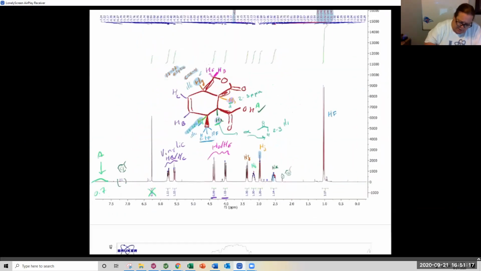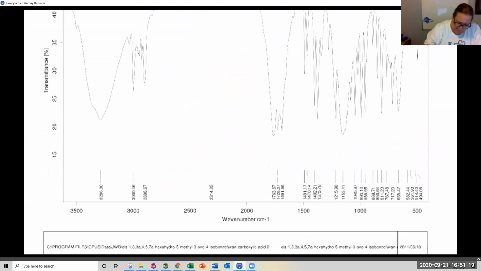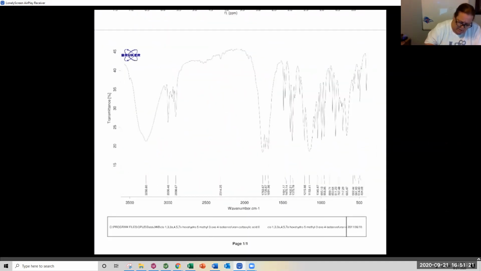The other thing that you're going to comment on, of course, is your IR. Let's draw the structure real quick because I know I'm going over just a little bit. Don't worry, guys, this is the last long lecture. It's almost like at the beginning of the semester it totally sucks in terms of the amount of information, and then it really does go down from there.